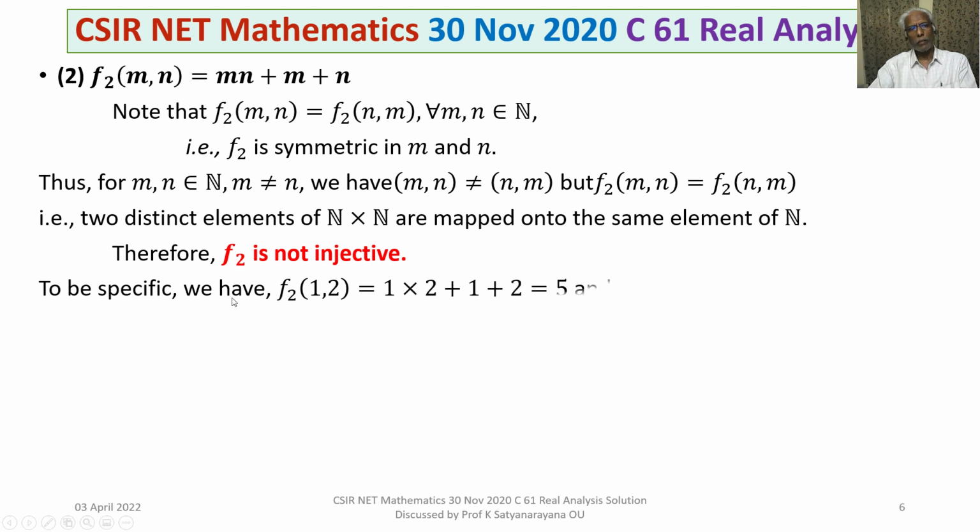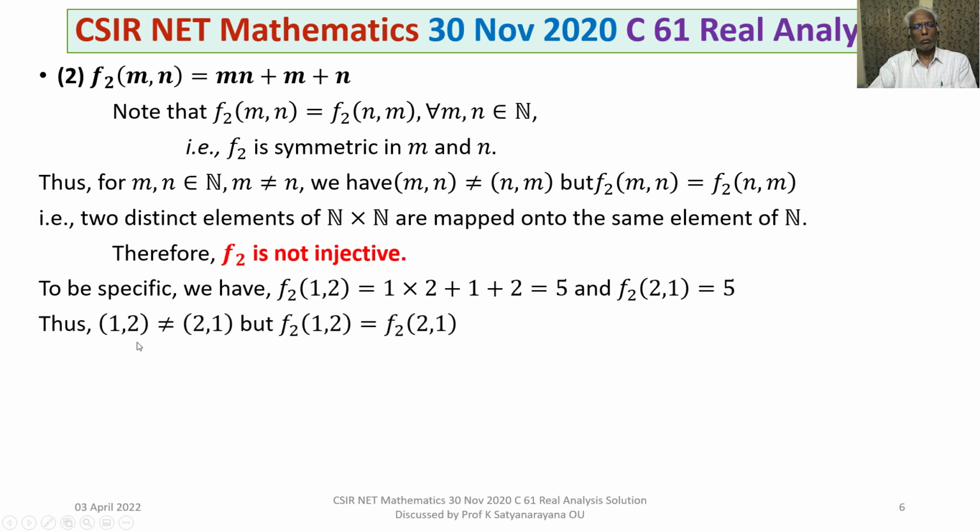To be specific, we give a counterexample. f2 of 1 comma 2 is 1 into 2 plus 1 plus 2, which is equal to 5, and f2 of 2 comma 1 is equal to 5. So 1 comma 2 is not equal to 2 comma 1, but their images are equal, and this shows that f2 is not injective.